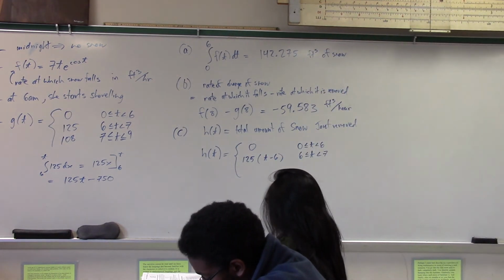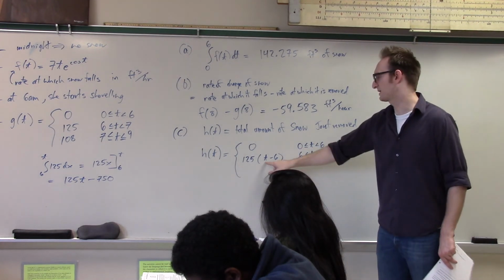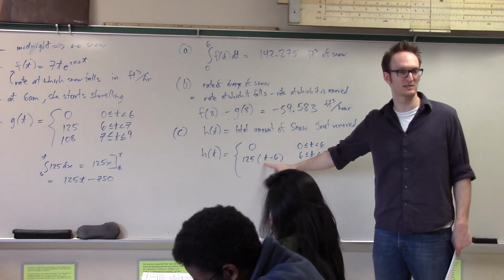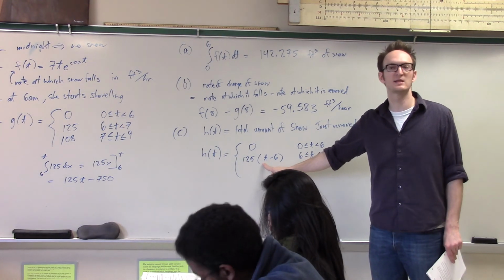Which you could probably just do even without calculus, right? If she's shoveling at 125 cubic feet per hour, then if you plug in some number, like 6:15 a.m., that means t is 6.25.